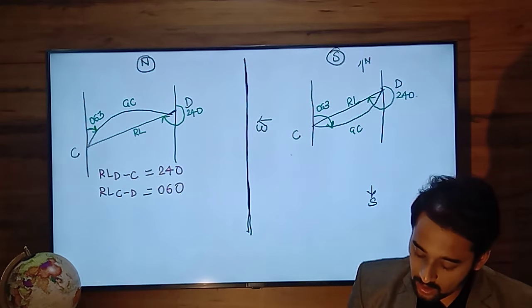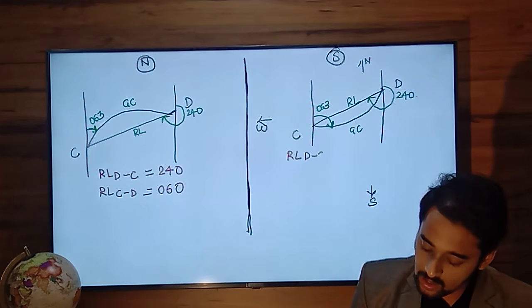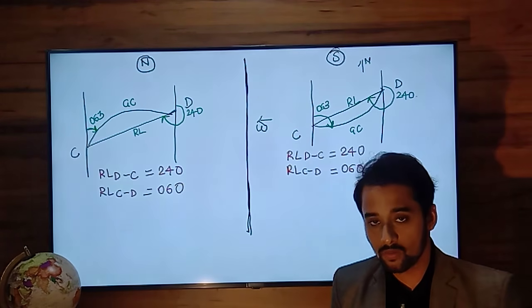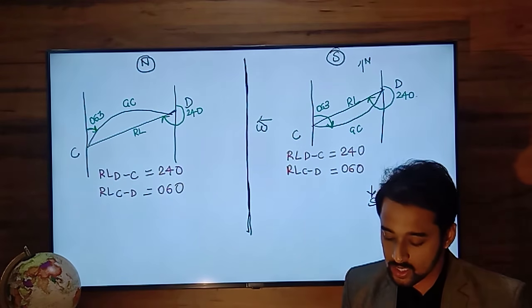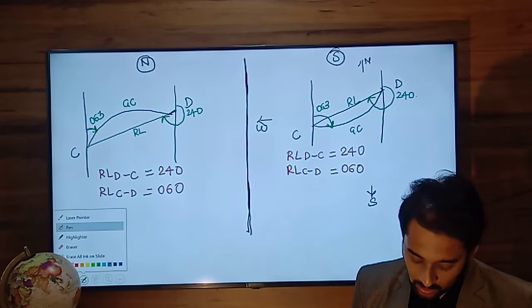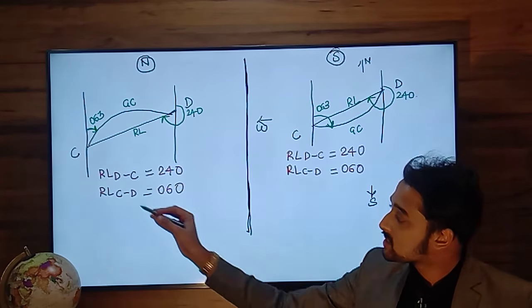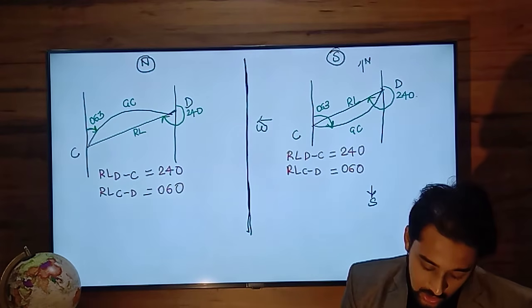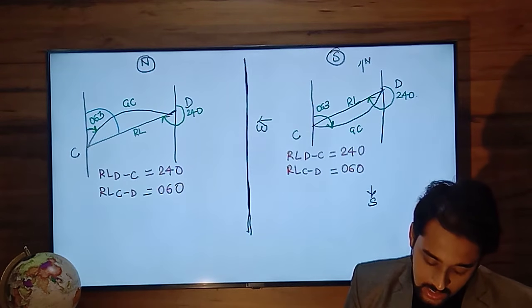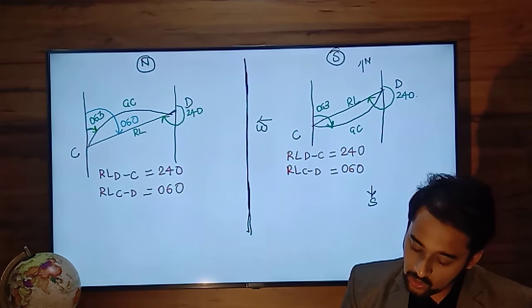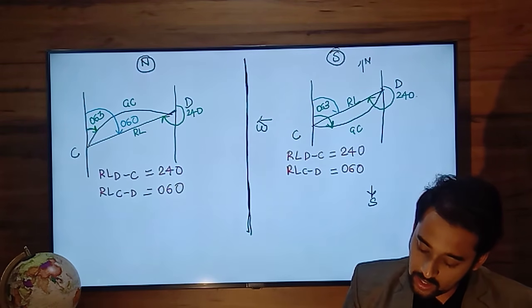Same here. Okay, got it? So 060. So let's try and plot it here. Now look at this carefully. Rhumb line from C to D is 060, up to here.